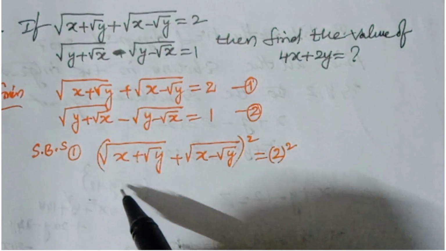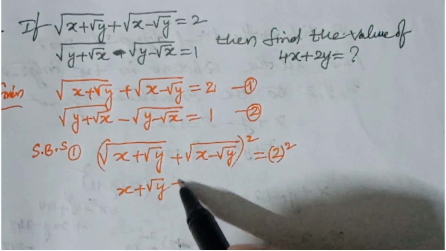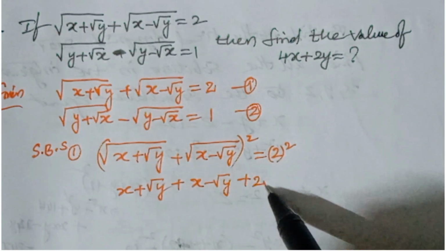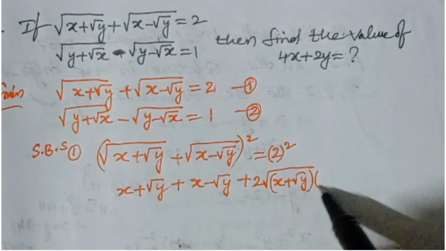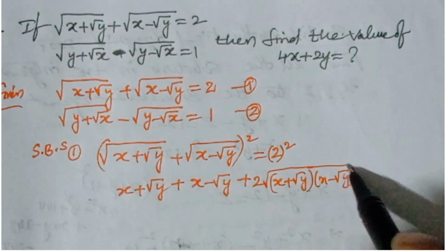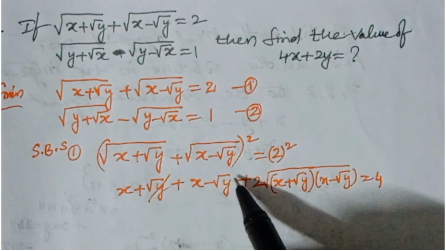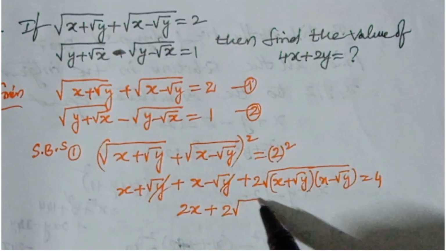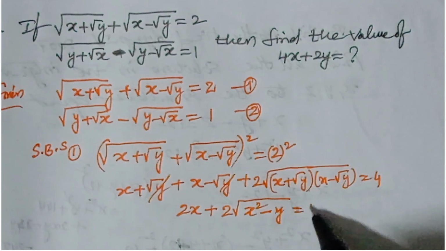Here we get a square, x plus root y, plus b square, x minus root y, plus 2ab, 2 root of x plus root y into x minus root y, is equal to 4. Root y gets cancelled. 2x plus 2 root of x square minus root y whole square, that is y, is equal to 4.